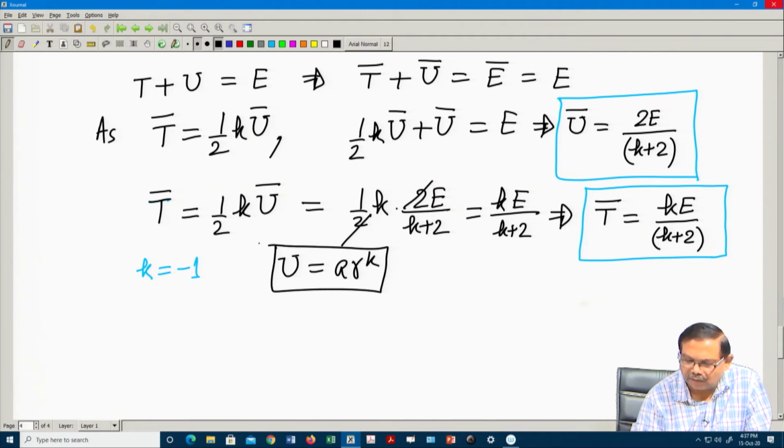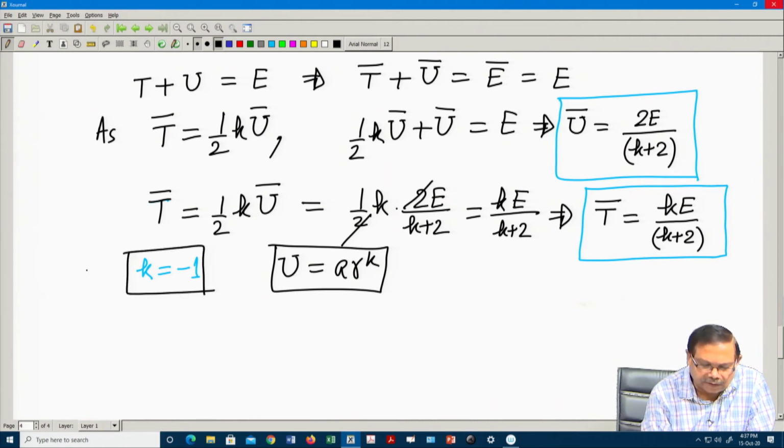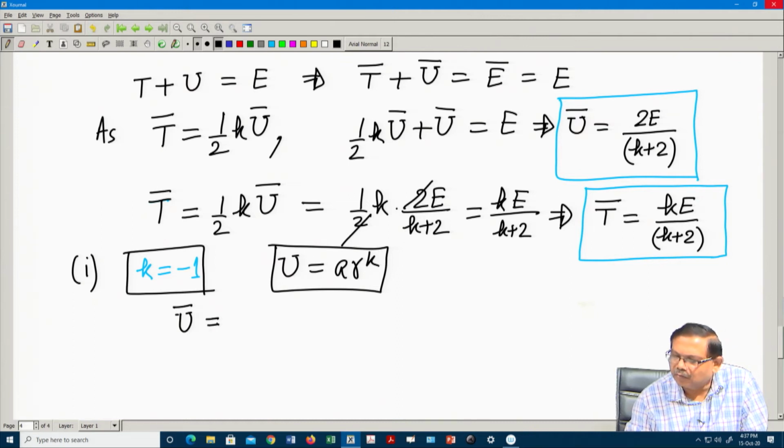So if I take k equal to minus 1, which is the case for gravitational energy, what would be the time average value of u? With k equal to minus 1, it would be 2 times E.